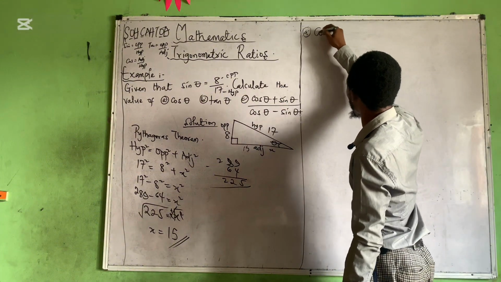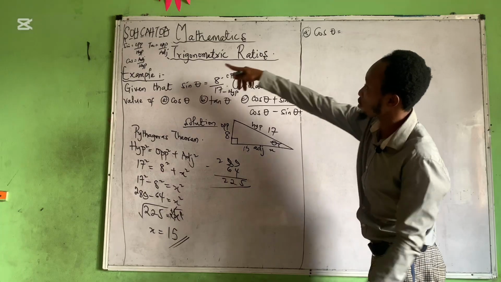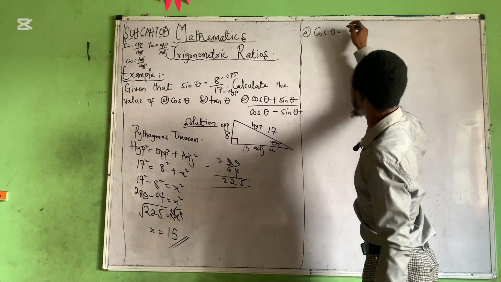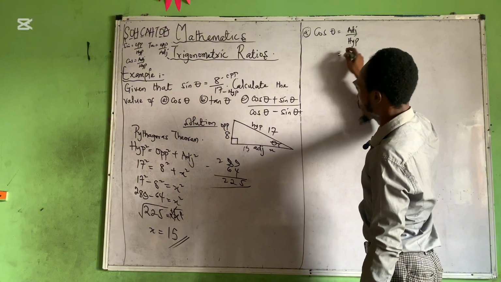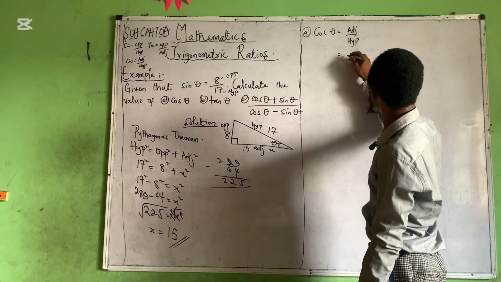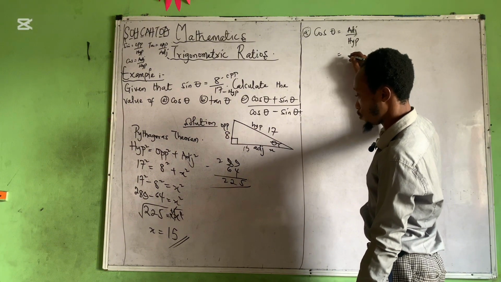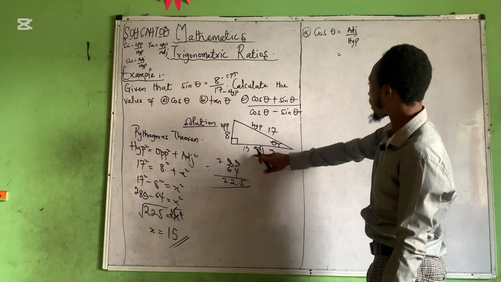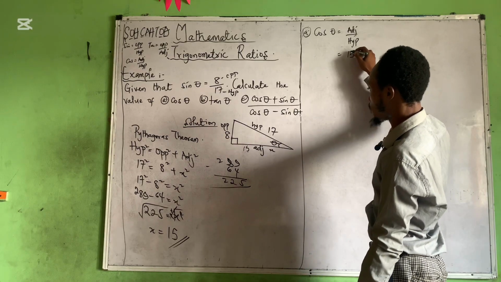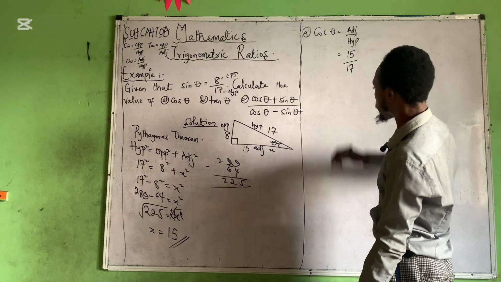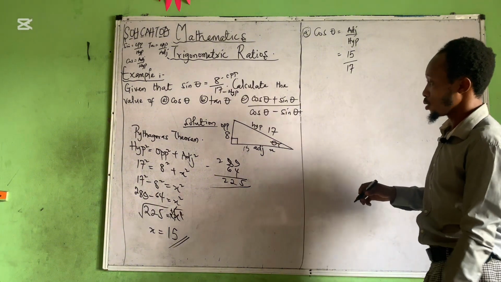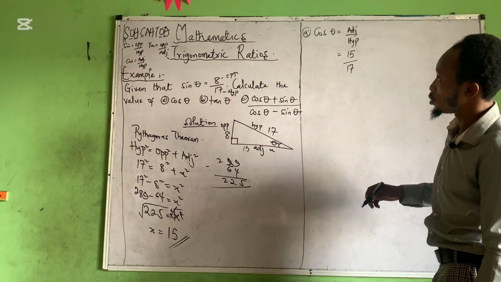The first one is cos theta, and cos theta is adjacent over hypotenuse. Our adjacent is 15 over hypotenuse 17.